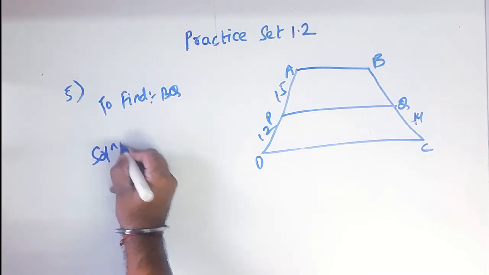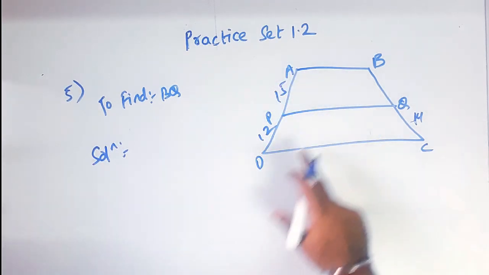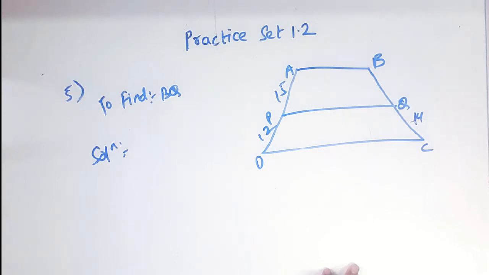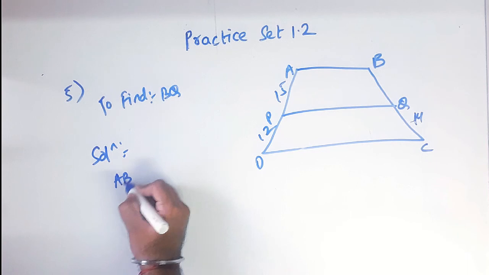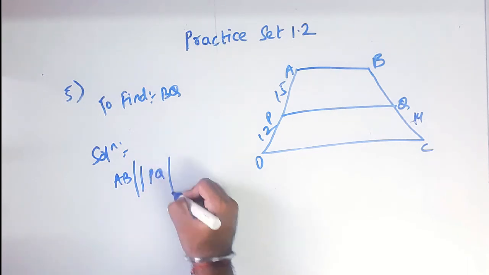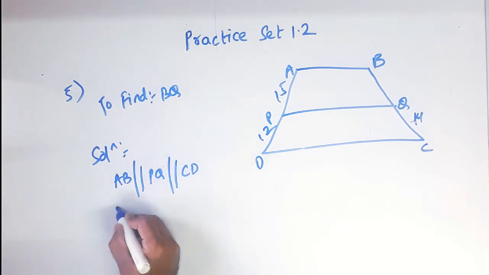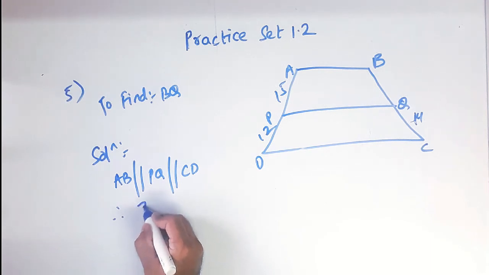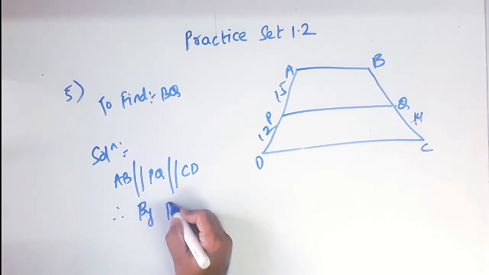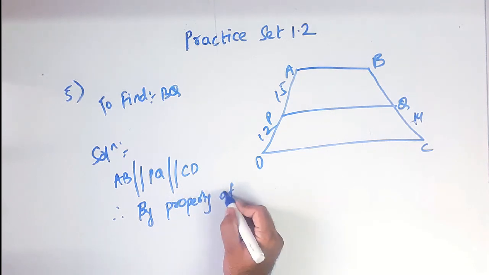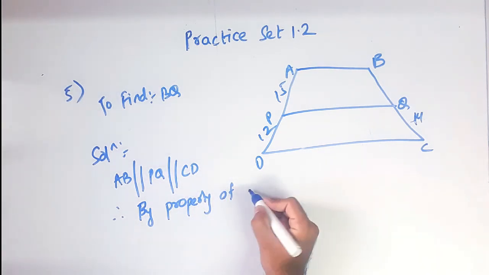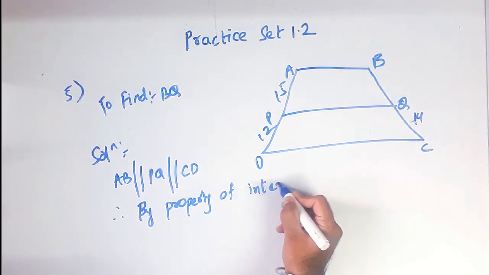The only thing we'll use is the intercepts made by 3 parallel lines. So I'll write here AB is parallel to PQ is parallel to CD. Therefore, by property of, this reason is very important children, by property of intercepts made by 3 parallel lines.